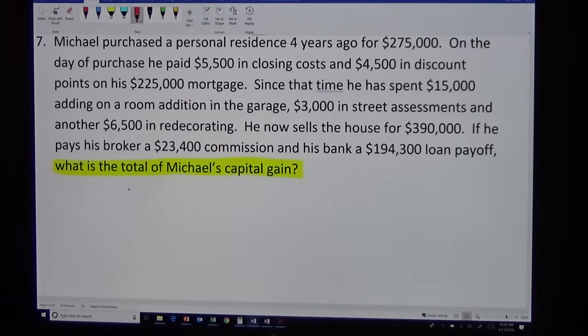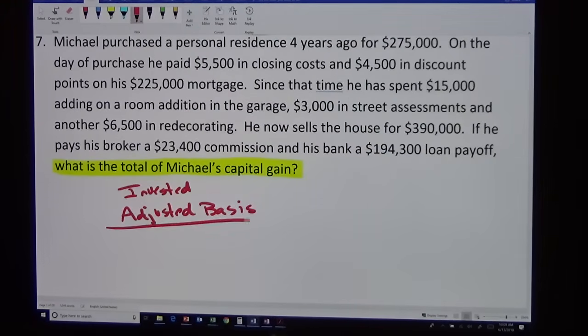The invested side, the money we've invested, we call the adjusted basis. The money we keep when we sell, we call the amount realized.